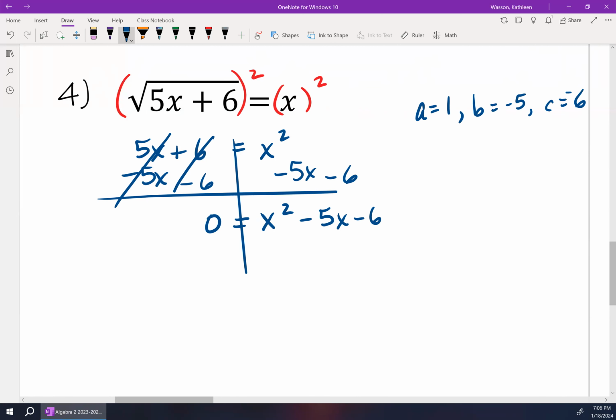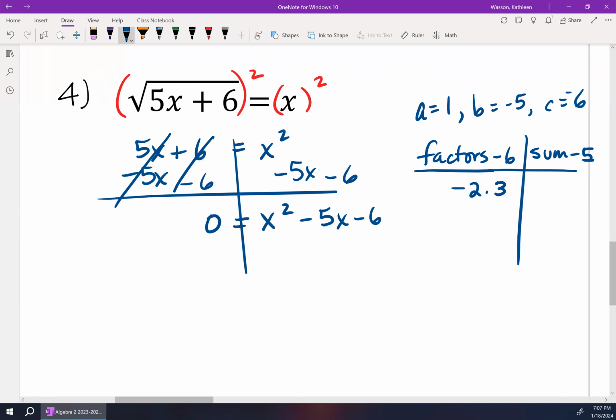So I need factors of a times c, which is -6, and if I add, I get a sum of b, which is -5. To multiply and get -6, I can multiply -2 times 3, 2 times -3, -1 times 6, or 1 times -6.